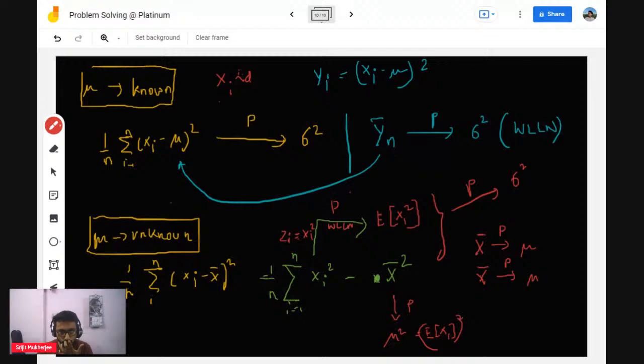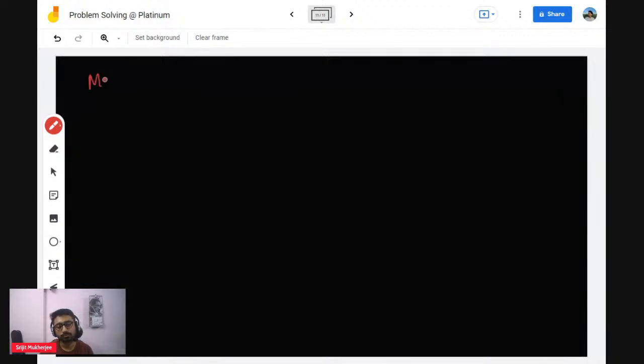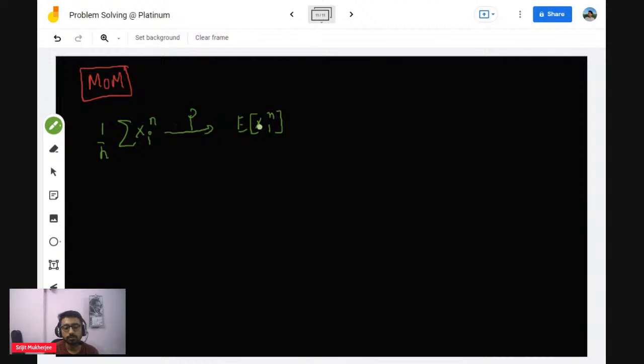What else? So therefore we have understood the sample mean and the sample moment. Using these results, we can also show that in method of moments, 1 by n sum of xi to the power n converges in probability to the expectation of the population moment, not the central moment, but the moment.